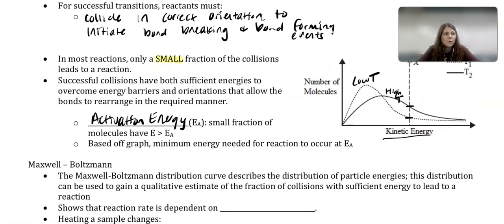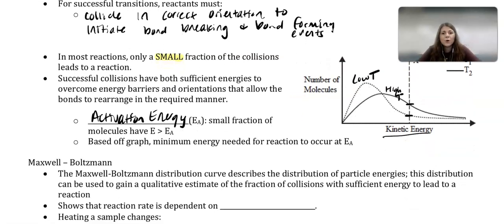So based off Maxwell-Boltzmann, based off the curve, knowing that this distribution of particle energies can be used to gain a qualitative estimate of the fraction of collisions that have sufficient energy to lead to the reaction. So it really shows us that the reaction rate is dependent on temperature.